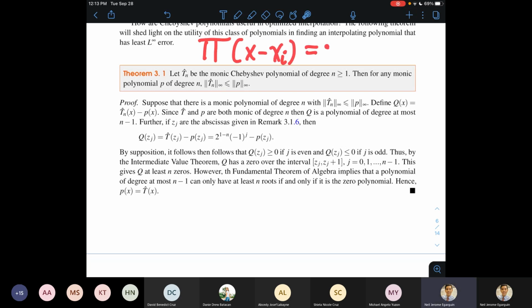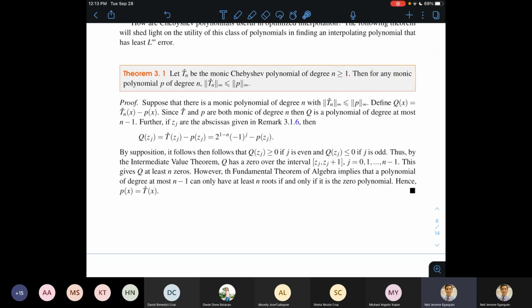So ibig sabihin, pag kinuha ko yung mga product na yan, x minus x1, x minus x2, x minus x3, and so on, ano yung makukuha ko? I will get the polynomial of degree n, or degree n plus 1, right? But it doesn't matter kasi the point here is that this is a monic polynomial. I'll get an x to the n or an x to the n plus 1.